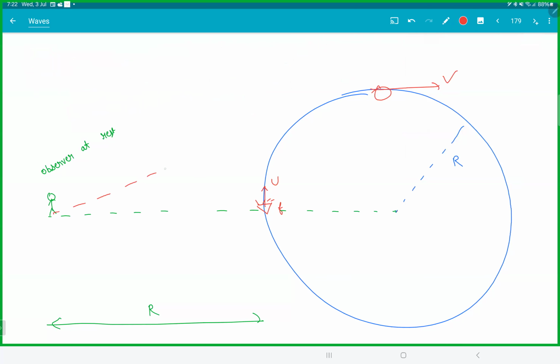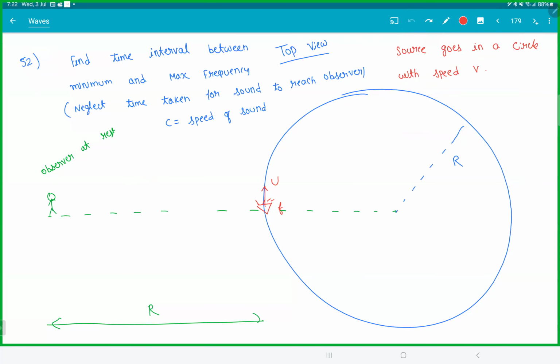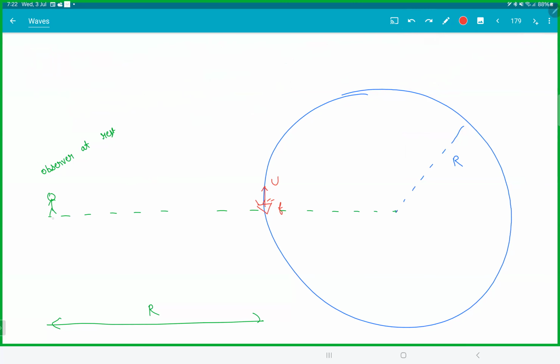You are interested in, now look at this thing, the component. So you tell me, when will the component be maximum? So the velocity of the source, the component along the line joining, must be maximum. That is when it becomes a tangent. It's not the topmost point. When the source is going like this, the component of velocity along the line joining is maximum at this point, isn't it?